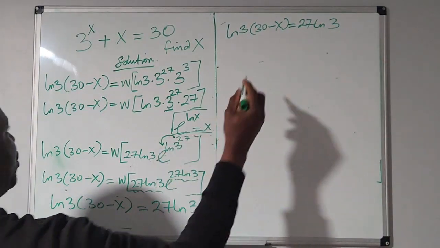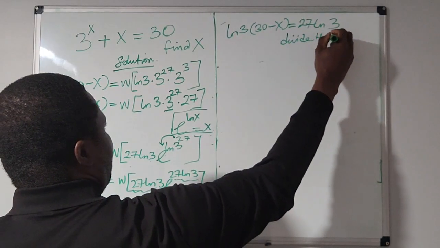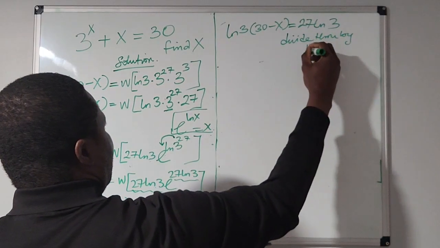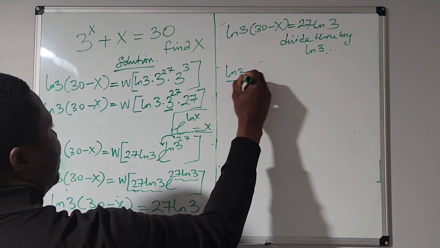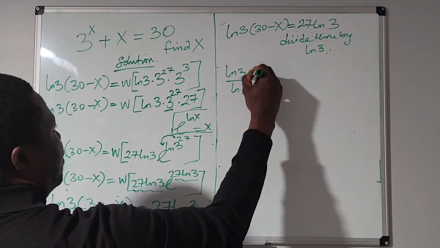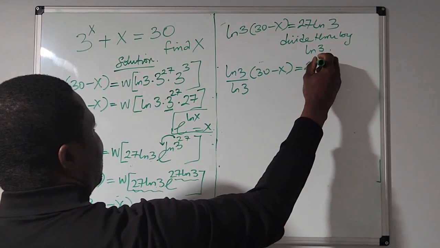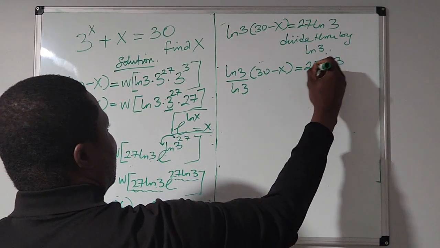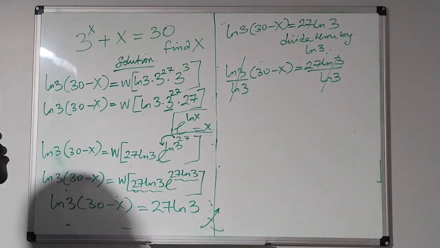We can divide through by ln 3, and ln 3 cancels out.